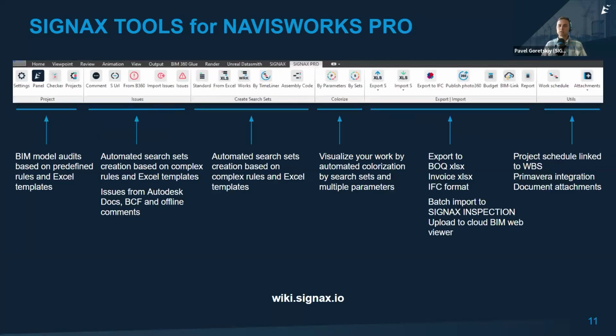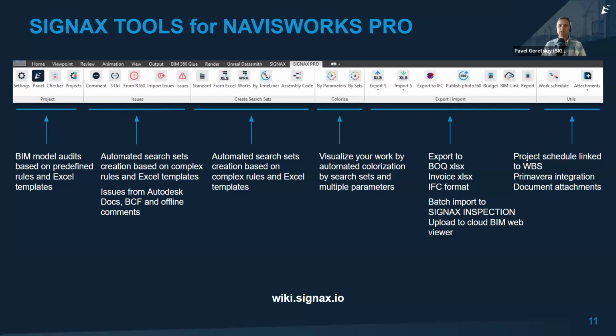And let's continue with Navis Pro. There are 6 blocks, excuse me. First one, the project consists of tools settings, also of panel where SIGNAX properties, custom properties, attached documents, and works are displayed. Tools Pro for Navis work would be helpful for every project participant.